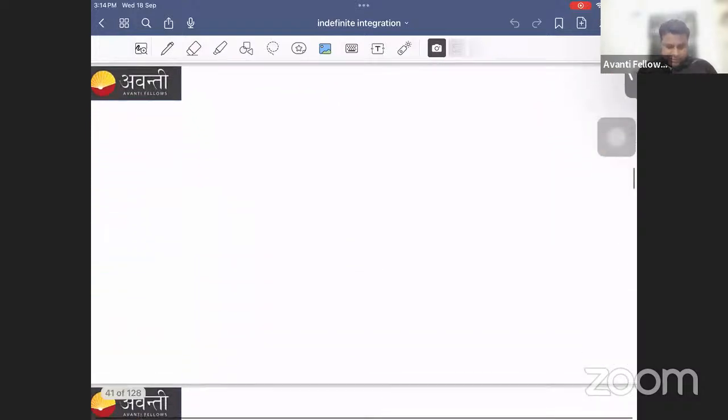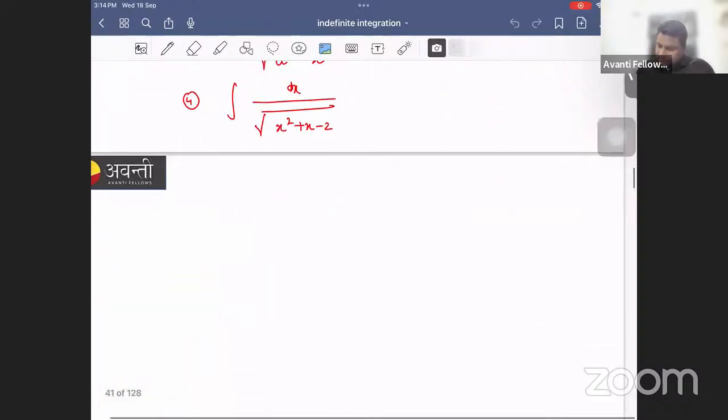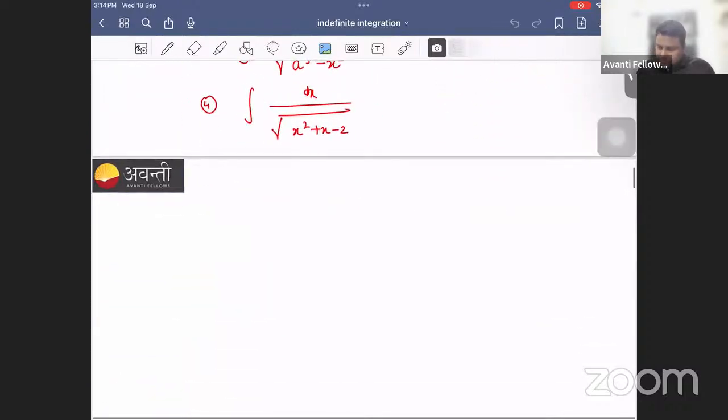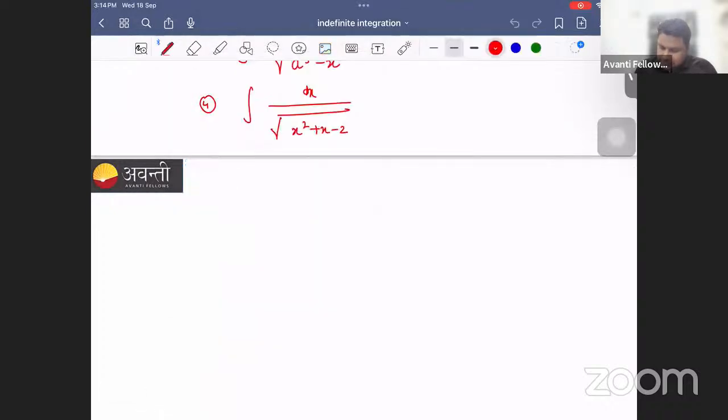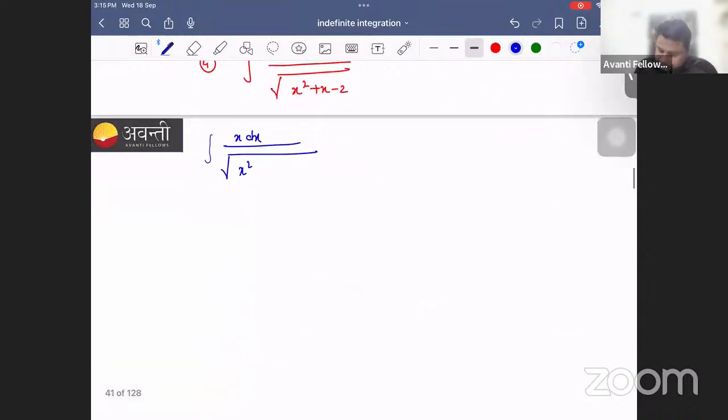See, the first question you have is integration x dx upon under root of x square minus a square into b square minus x square.